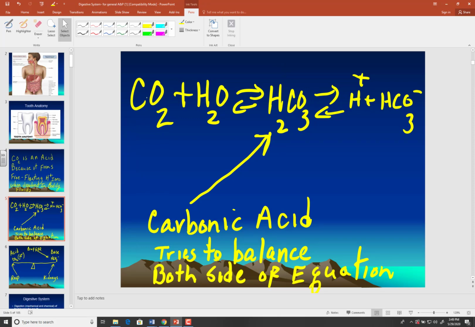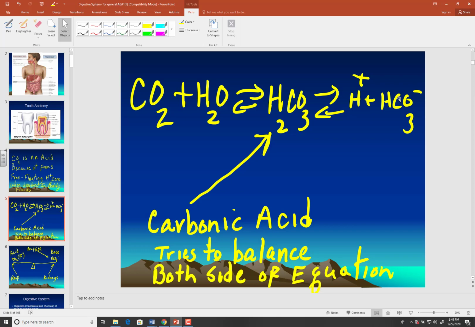So if you think of one kid as CO2 and the other kid is bicarbonate, whatever you do to one kid, you got to do to the other, right? So the things are equal. So in chemistry, you want an equation to be in equilibrium, meaning both sides are equal. In the body, you want it to be in homeostasis.